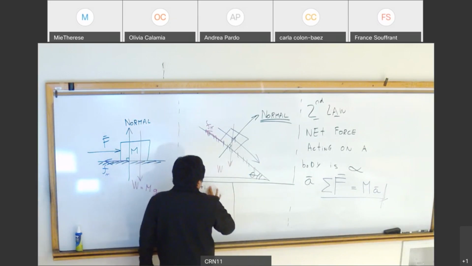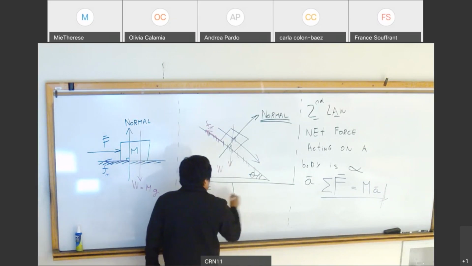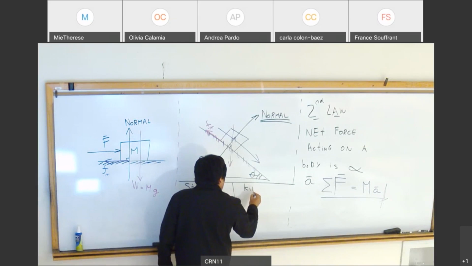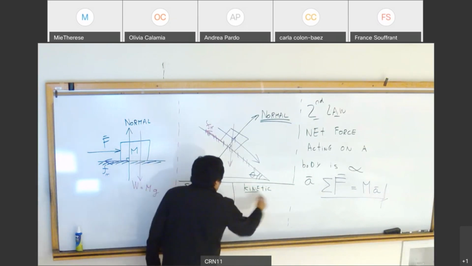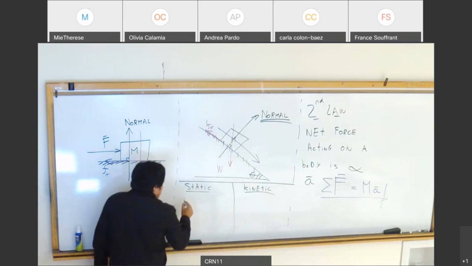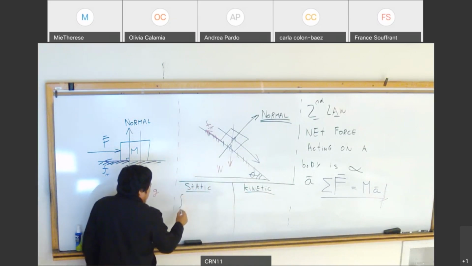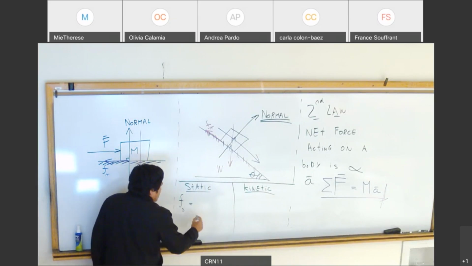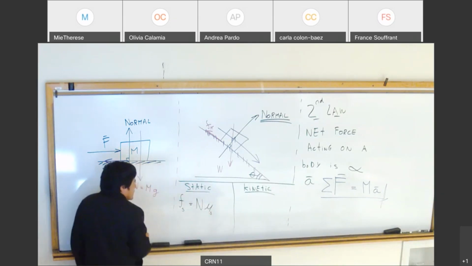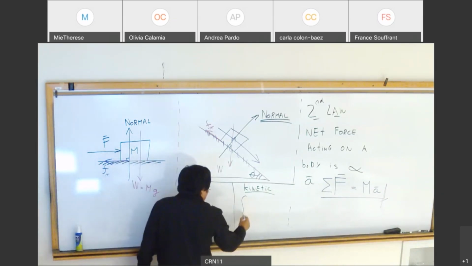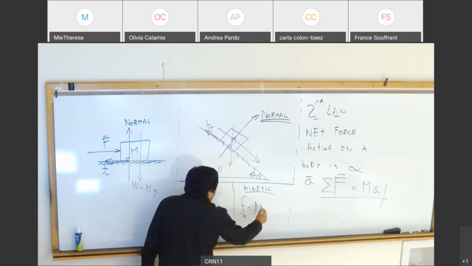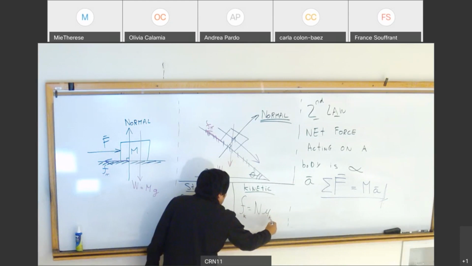For the static friction, we call it F sub S, and that's equal to the normal times mu sub S. And for kinetic, we call it F sub K, and that's equal to the normal times mu sub K.